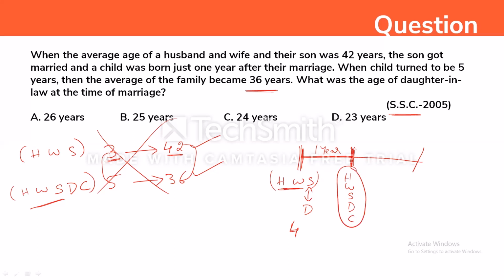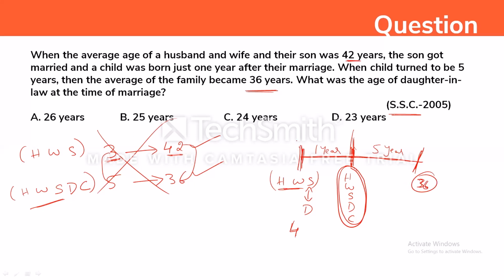Now let's consider, they have given clearly, when the child turns 5 years, of course all members' age will increase by 5 years. Here they have also given the average after 5 years is 36 years. But what is this 42 years average?